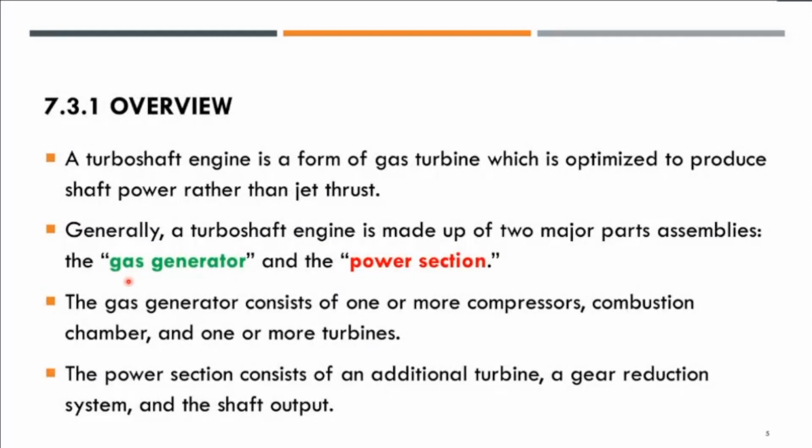Right. A turboshaft engine is similar to what we had gone through for the turboprop engine. Now we will look into the elements of the turboshaft engine. It's basically a form of gas turbine, included in the family of gas turbine engines, which is optimized to produce shaft power rather than jet thrust.